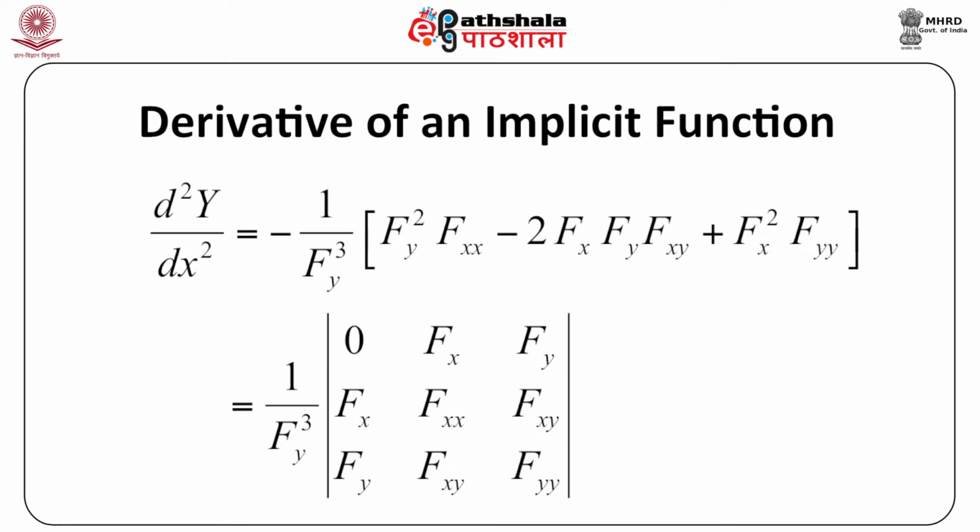Substituting in the expression above and using Young's theorem, d2y/dx squared is equal to minus 1/Fy cube bracket open Fy squared into Fxx minus 2 Fx Fy Fxy plus Fx squared into Fyy, which is equal to, in matrix form, 1/Fy cube times the determinant of the matrix with rows 0, Fx, Fy; Fx, Fxx, Fxy; Fy, Fxy, Fyy.